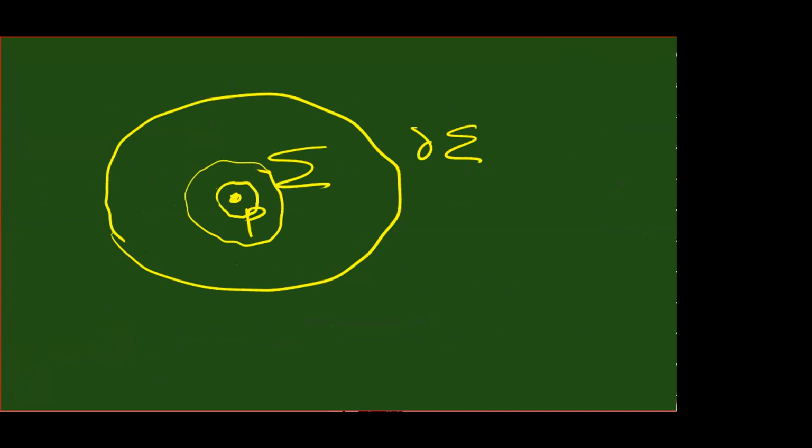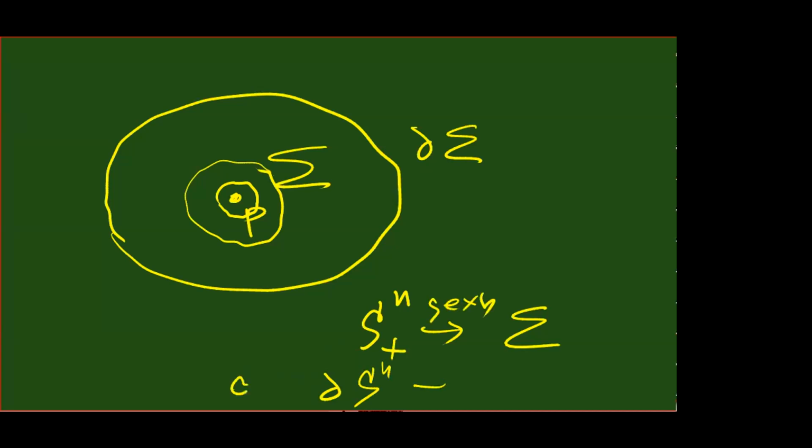The gradient exponent maps the half sphere to Sigma, and the gradient exponent of the boundary of the half sphere contains the boundary of Sigma, and its distance is non-expanded.